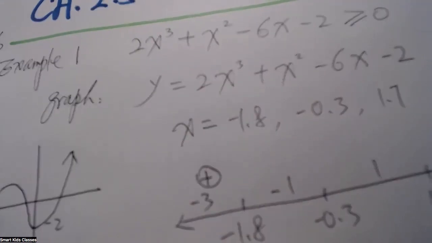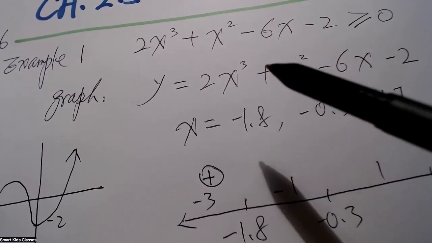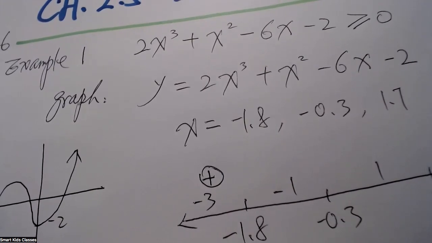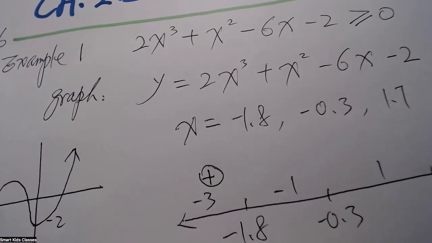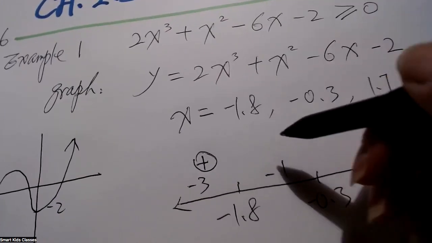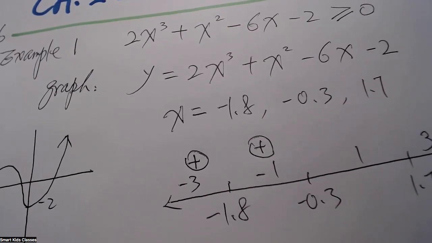So I'm going to quickly plug it into the calculator. So with negative 1, we're going to have negative 2, plus x squared, minus 6x, minus 2. So I got a positive 3. So therefore, this is also an answer because it is larger than 0.